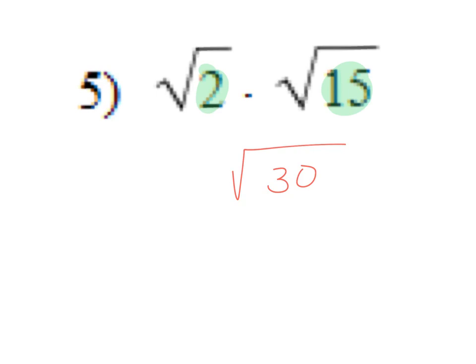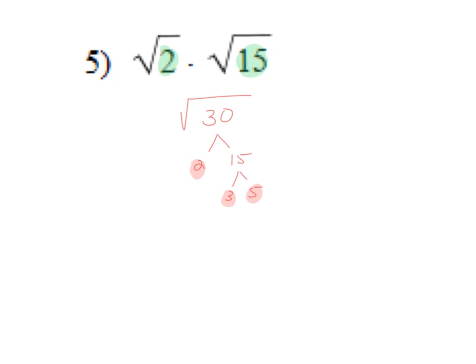Now, when I do my breakdowns, I'm going to go back and just look right to here, and whatever I used here is what I'm going to use down here, so I don't really have to think about it. So I'm going to go ahead and break this down to 2 and 15, and then this will break down to 3 and 5. Now, in this case, there are no pairs. If I look at my endings here, 2, 3, and 5, there are no pairs, and since there's no pairs, you can't break it down, so your answer is right here. It's just going to be the square root of 30.